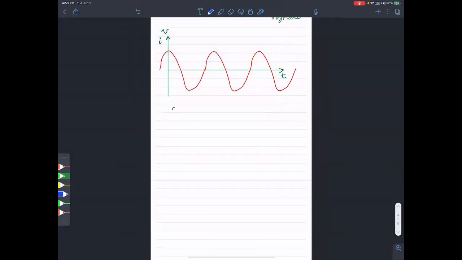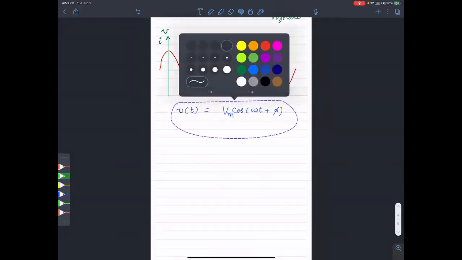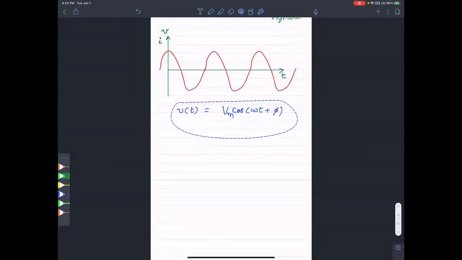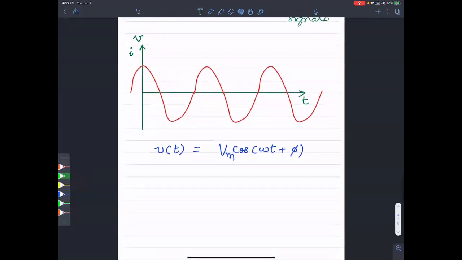Vm cosine of omega t plus phi. That's the expression for the sine wave. Let me see if I can make this a bit bolder. Okay, here is the expression for the cosine wave.